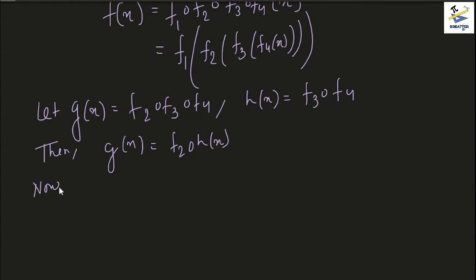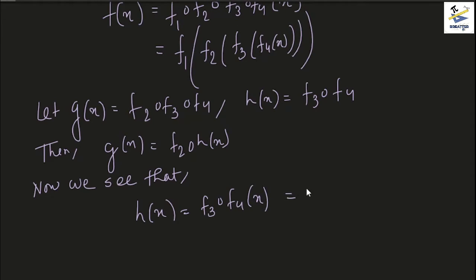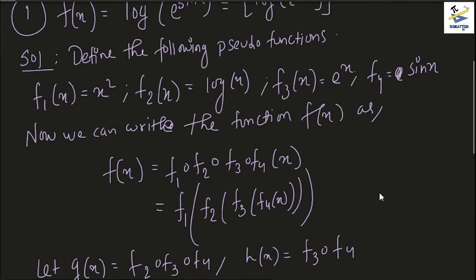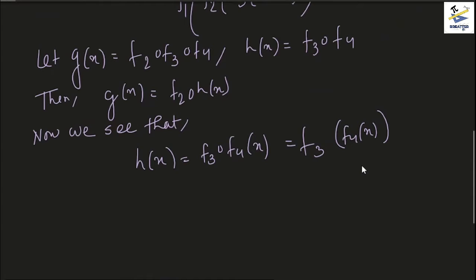Now we see that h of x is equal to f3 composition f4 of x, which essentially is f3 of f4 x, right? Now f3 was e to the power x, f4 was sin x.